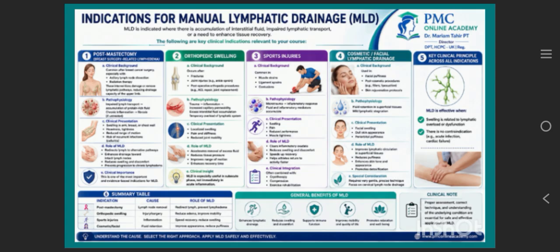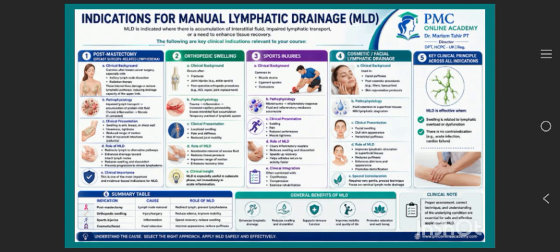Okay, so what is the role of MLD here? Firstly, it improves lymphatic circulation in superficial tissues. Secondly, it reduces puffiness. Thirdly, it enhances skin tone and appearance. And fourth, it promotes detoxification.